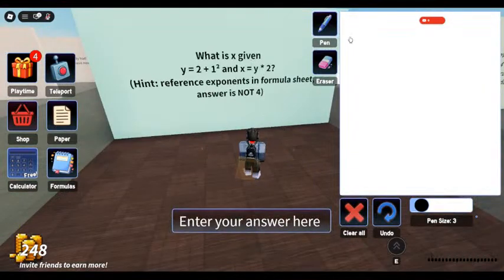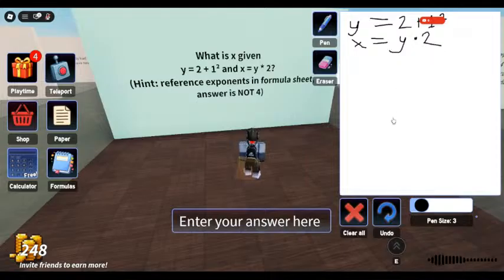Now what is the x given? Now y is equal to 2 plus 1 squared. x is equal to y times 2, or 2y. We could just go for 2y. Then we could input y into here.